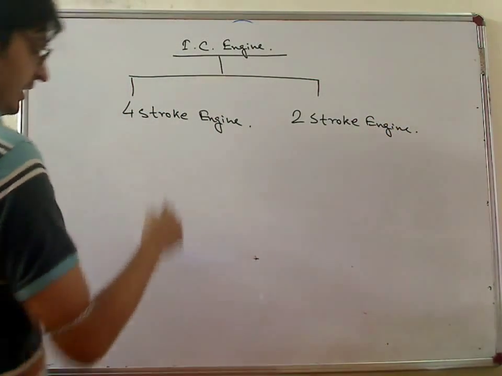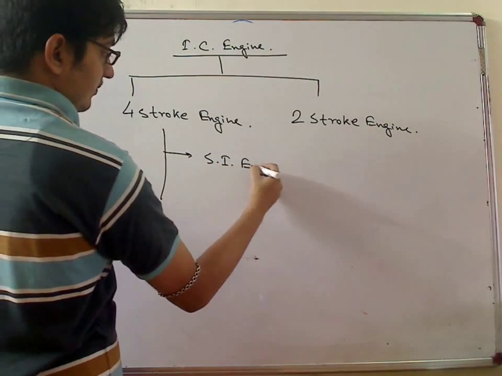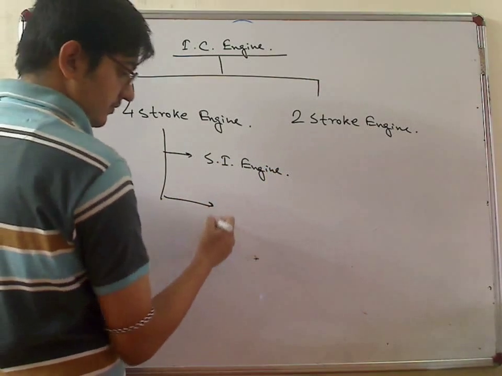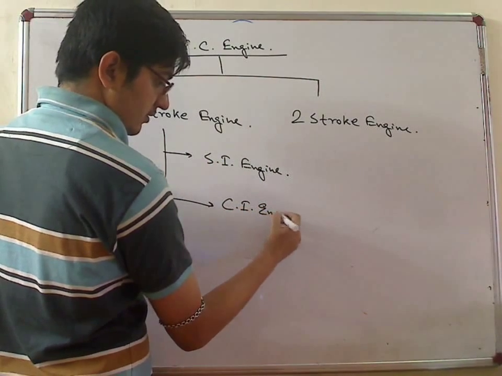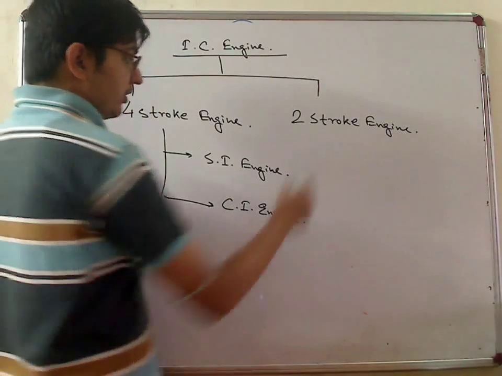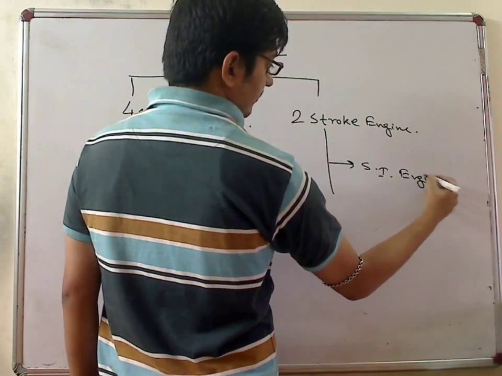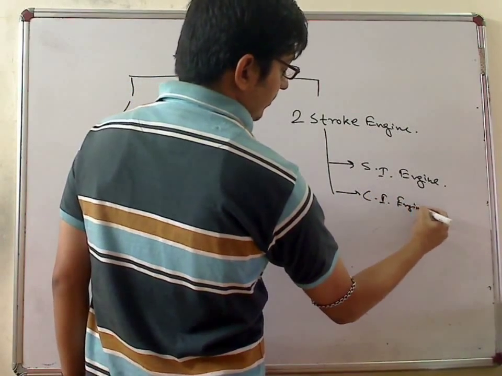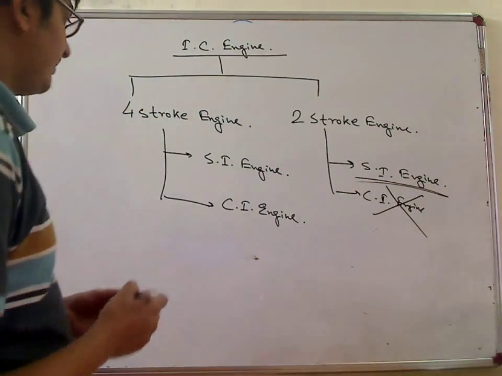And 4-stroke engine is of SI engine, spark ignition engine, and CI engine, compression ignition engine, and 2-stroke engine is basically of SI type. There are some CI engines also, but nowadays this is not used, only SI engines.